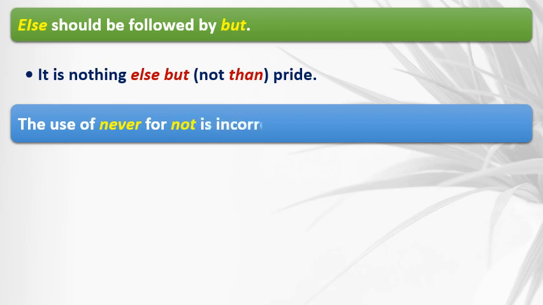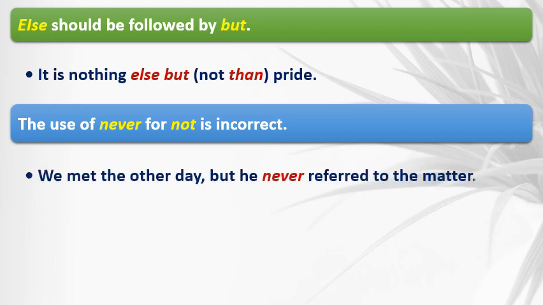The use of never for not is incorrect. It means if we are using the word never in the sentence and the meaning is not, then it is incorrect. To clarify it, let's see some examples. We met the other day, but he never, meaning not, referred to the matter, or we can say he did not ever refer.